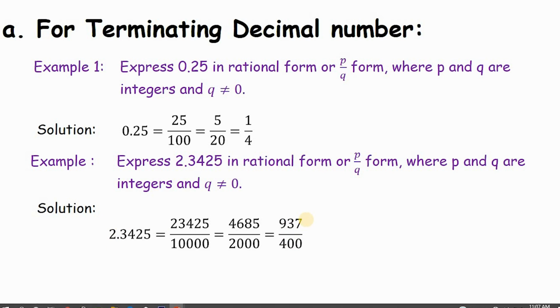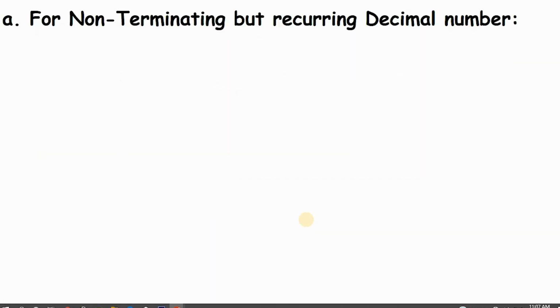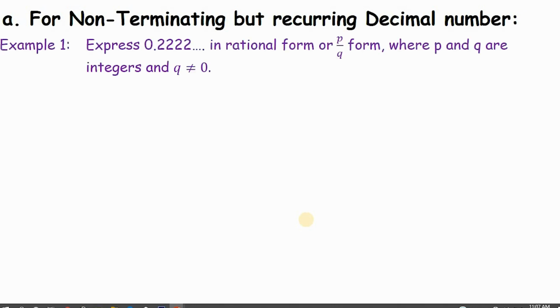Now we'll move on to the second part, that is non-terminating but recurring decimal numbers. The first example is to express 0.222 in rational form or p by q form where p and q are integers and q not equal to 0. We'll write the solution first. In this part you have to follow certain steps to reach the answer. The first step is to take down the number 0.222, which can be written as 0.2 bar.